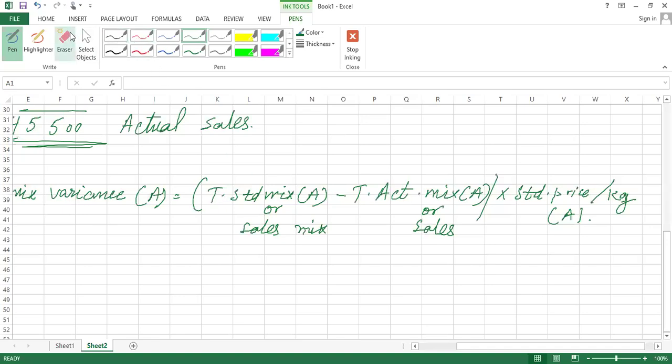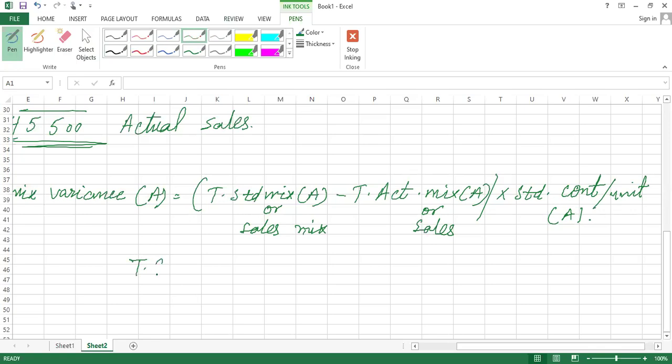Sorry, here I mistakenly wrote price per kg. This is basically standard contribution per unit, or you can use standard profit per unit, whatever is provided in the question.